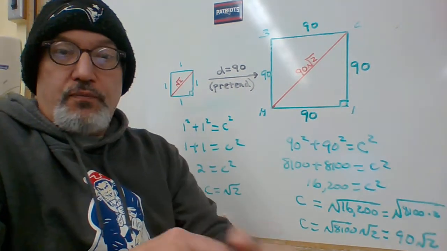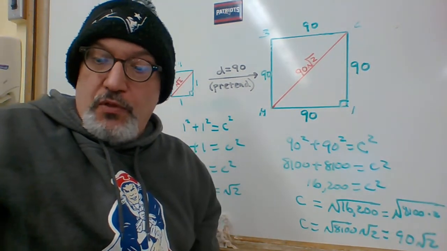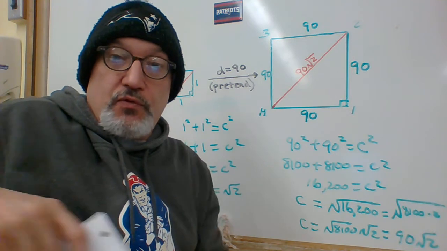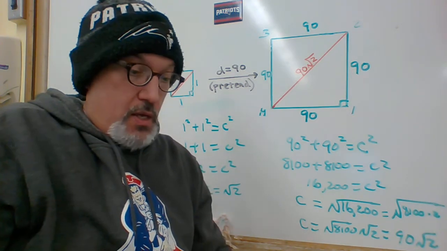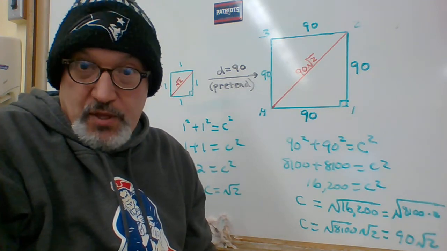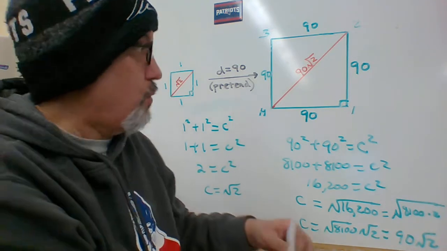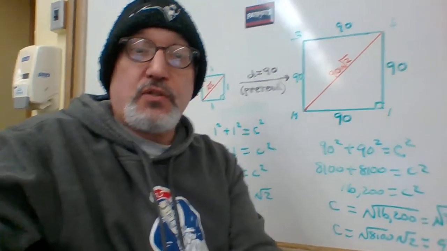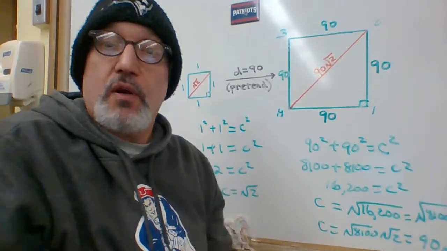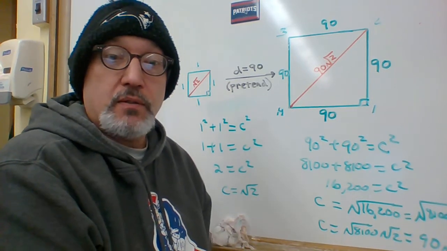So just to round out this lesson about the distance from home plate to second base in terms of the Pythagorean theorem and the square root of 2, I looked up on a website, asked the question, how far is it from home plate to second base?